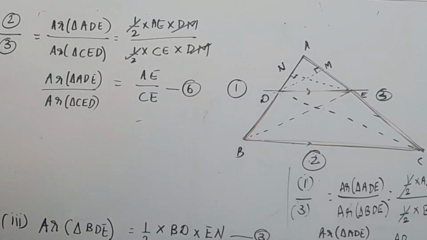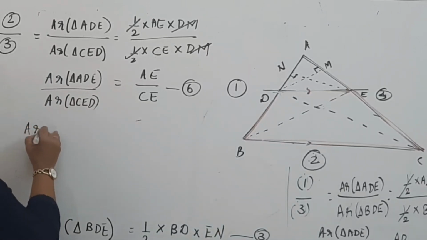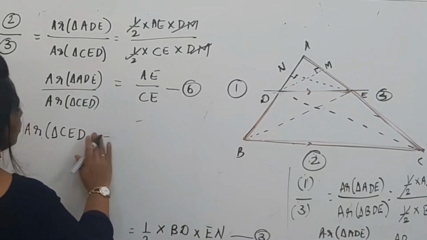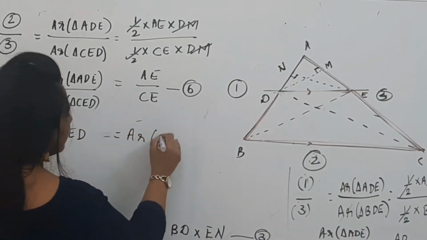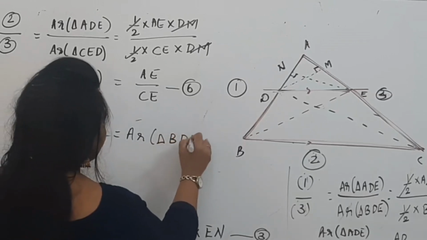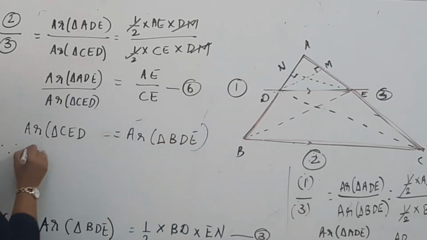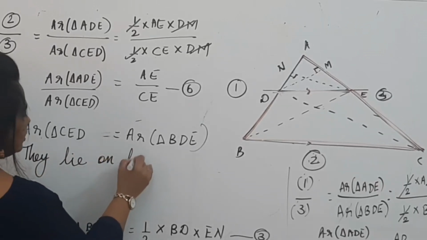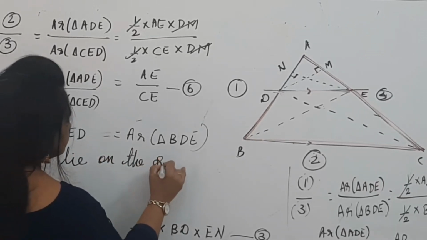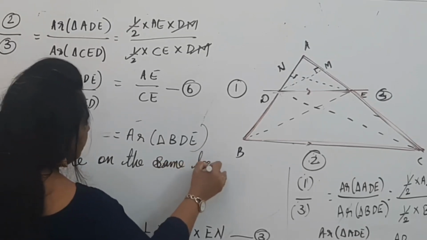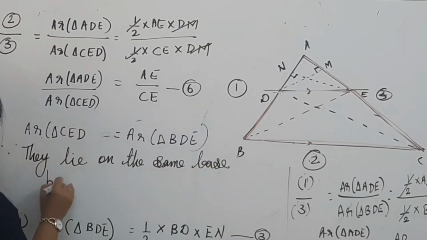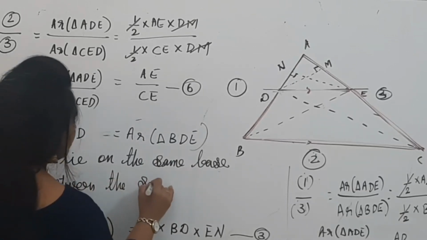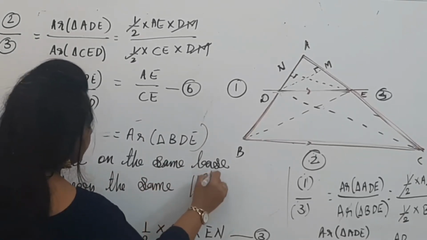So how do I write? Area of triangle CED is equal to area of triangle BDE. As simple as that, since they lie on the same base and between the same parallels.